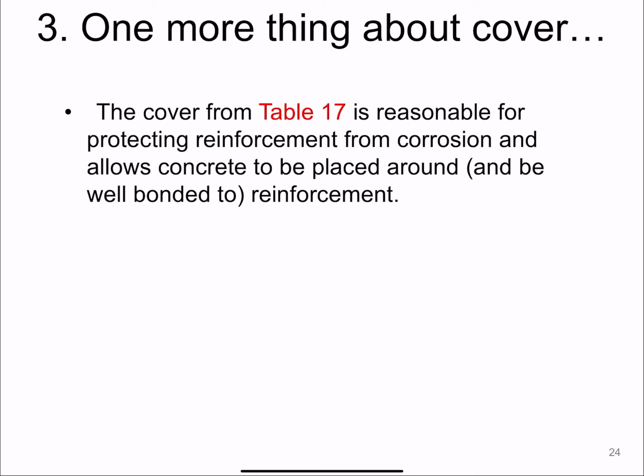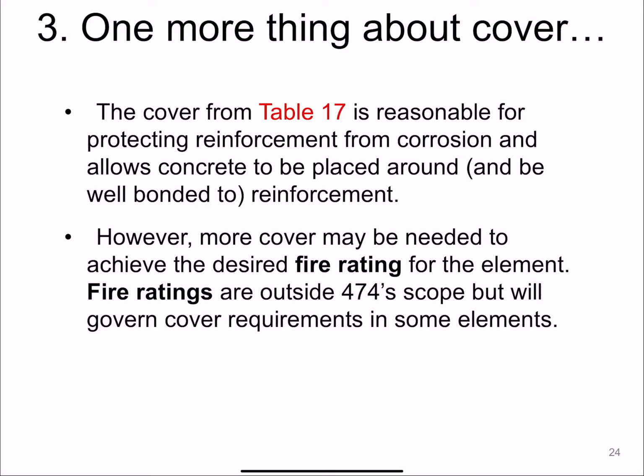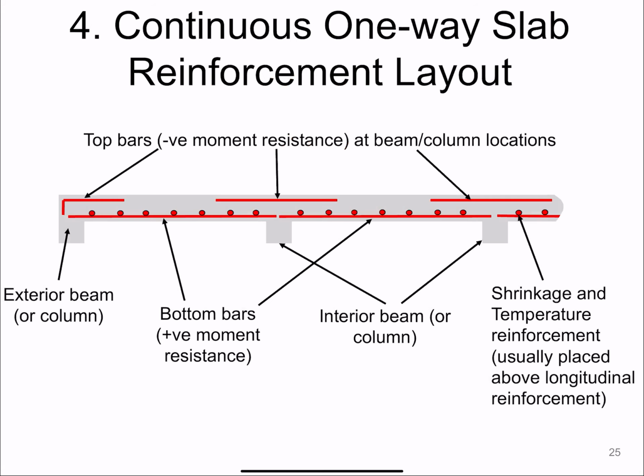But more cover may be needed to achieve the desired fire rating for the element. Now, fire ratings are going to be outside of the 474 scope, but be aware that fire ratings may actually govern the design. So always be aware of what you are being tasked to design.